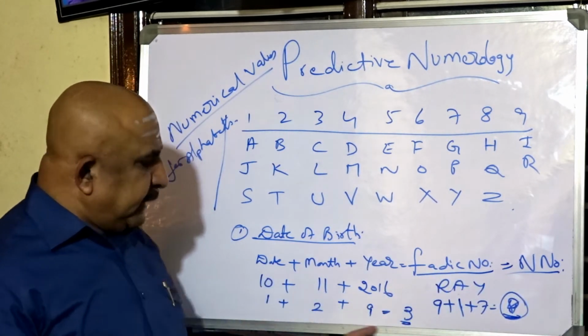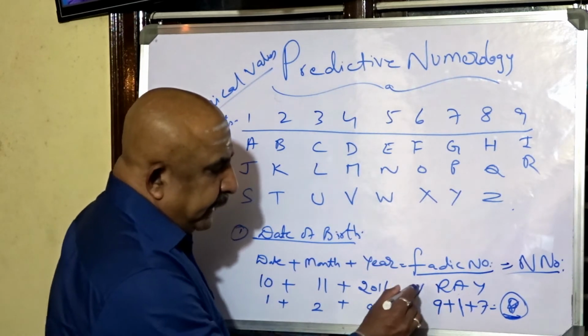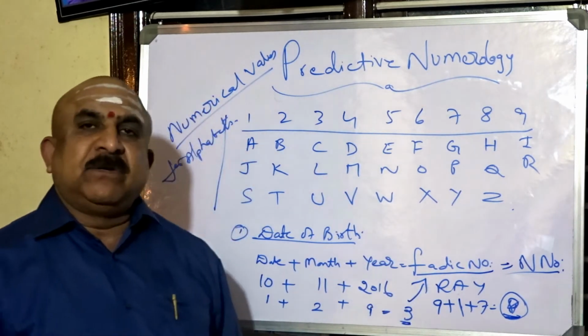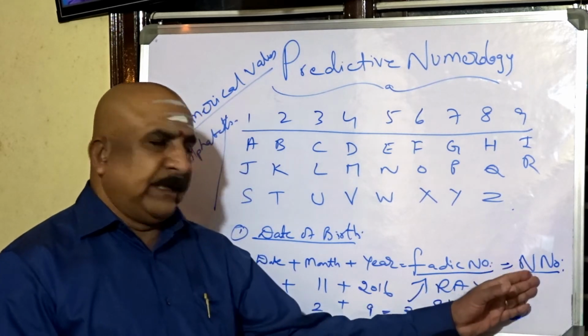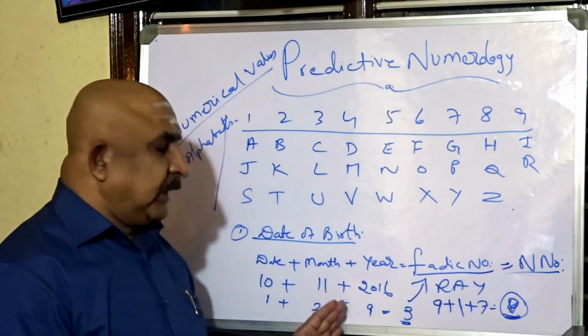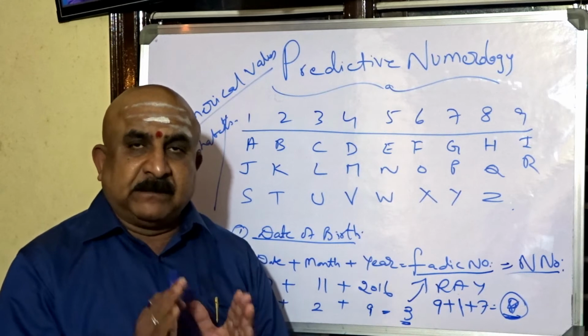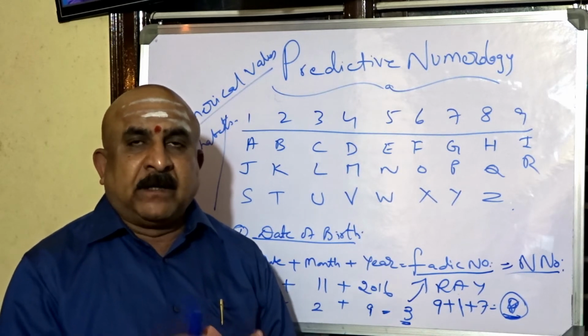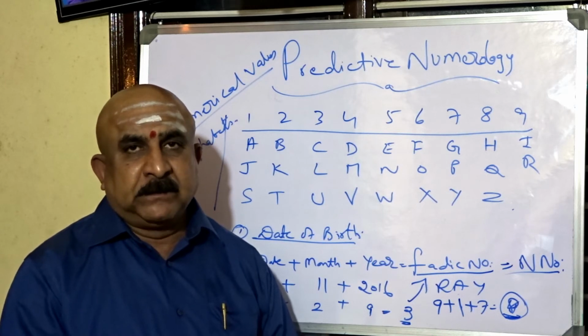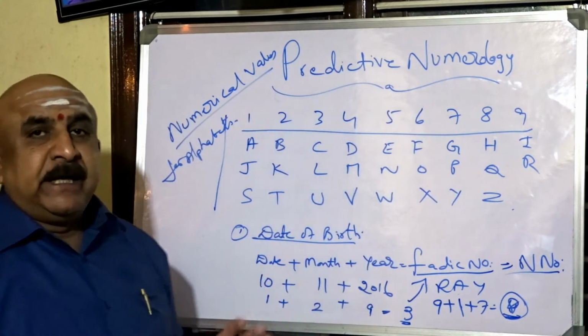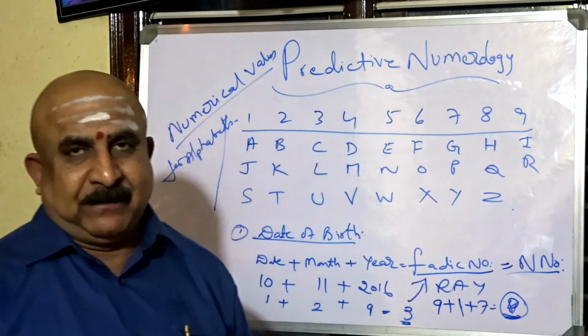This number is called the Vedic number. This is how you are going to name a child. If the name number and the Vedic number are both the same, that child will not have obstacles in life. Clear? This is about naming of a child.